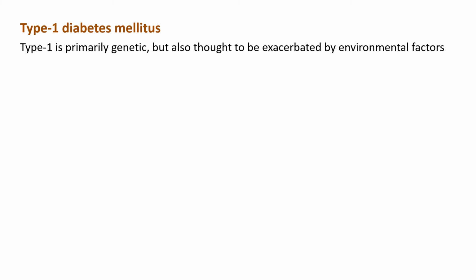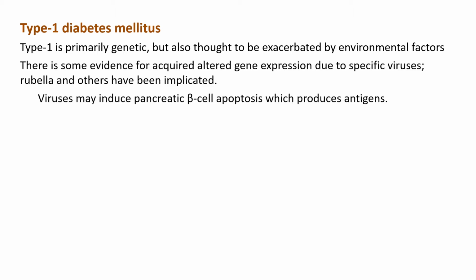Type 1 is primarily genetic, but there's also thought to be an influence from environmental factors. There is some evidence that gene expression becomes altered after infection with specific viruses, and so far they've identified rubella and a few others that have been implicated in triggering type 1 DM.